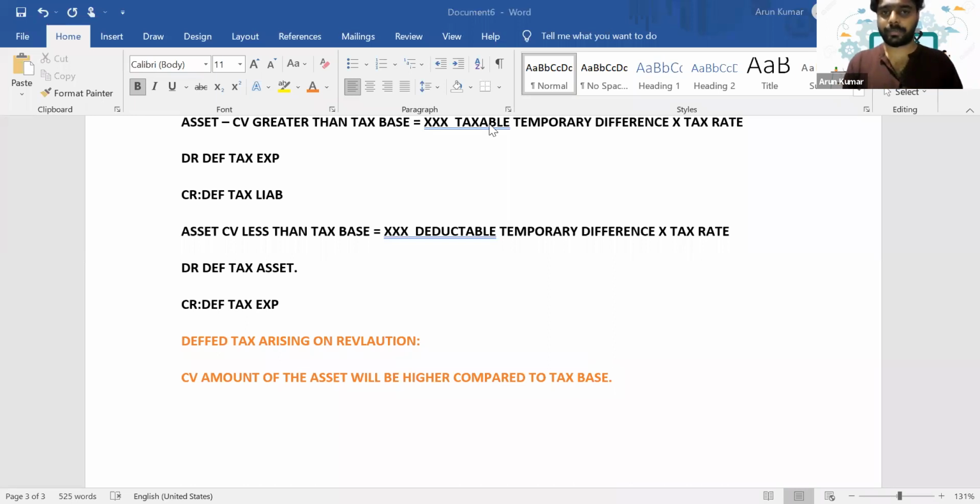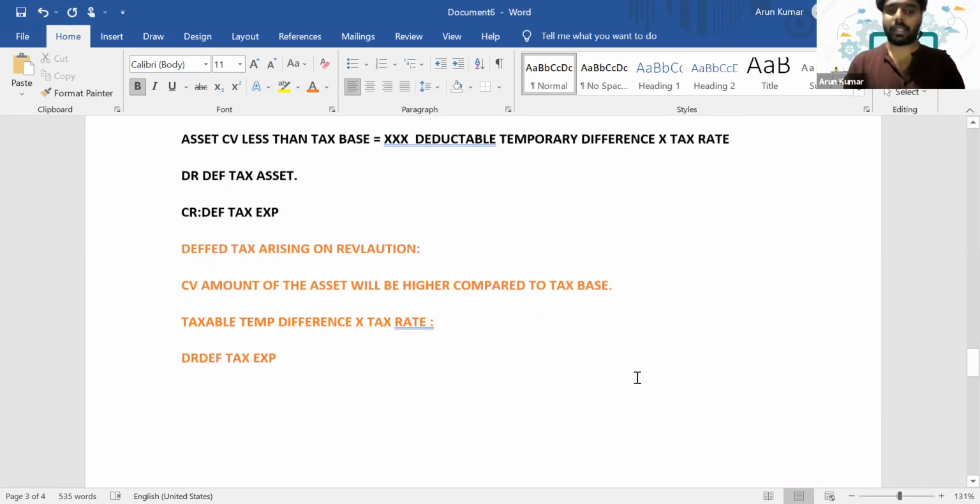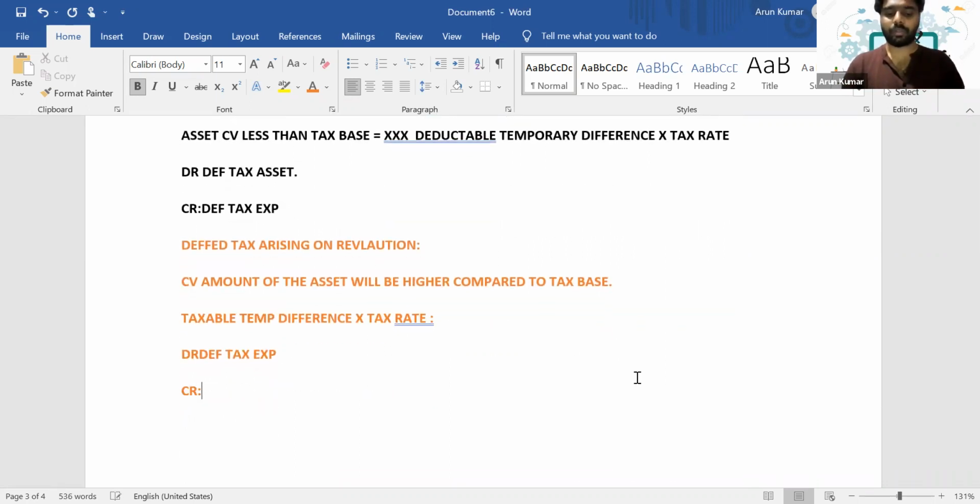Can you reply in the chat? Yes. So it will lead to a taxable temporary difference. This difference multiplied by tax rate will give debit deferred tax expense and credit will go to deferred tax liability.